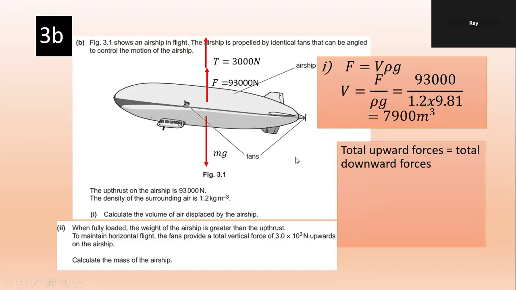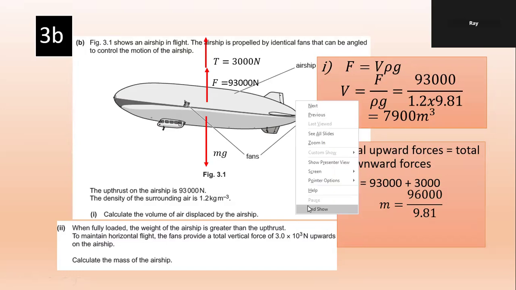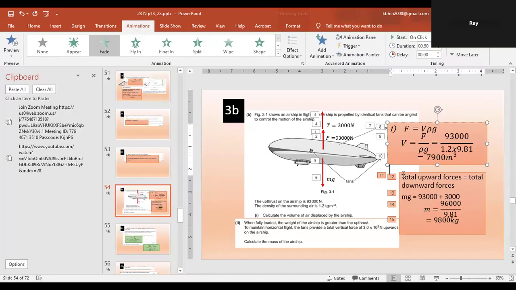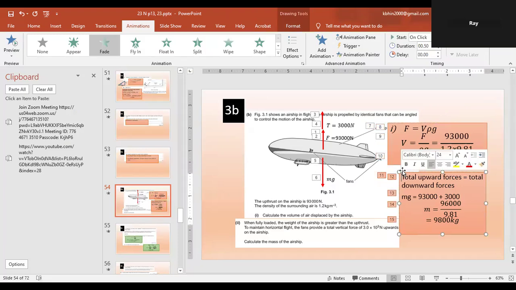Total forces upwards is the total forces downward. Right? Put in your value, what is given, these two are given, and calculate your mass. Okay, any comment? No comment. Okay, so if you can do it, let's carry on.